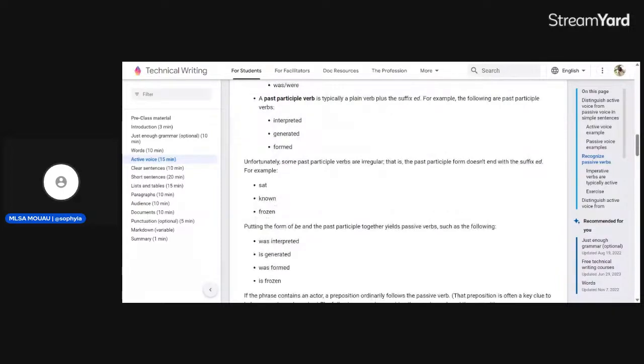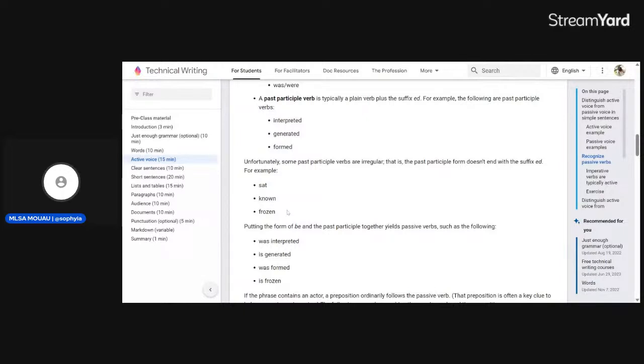It says unfortunately some past participle verbs are irregular. So not all past participle verbs have that ed suffix at the end. Some are sat, like in the example that we saw earlier. Some are known, some are frozen.